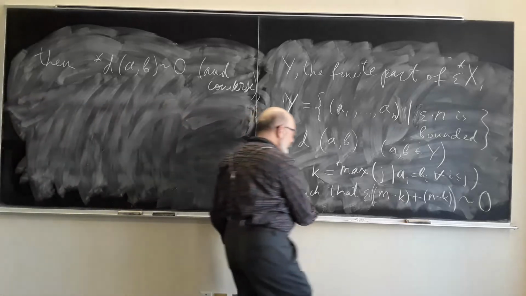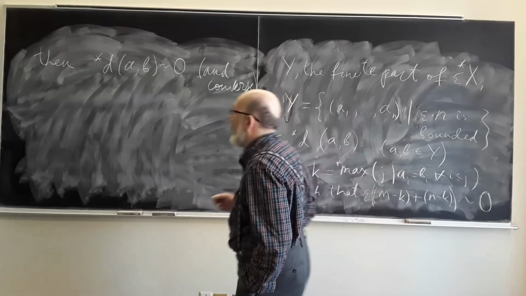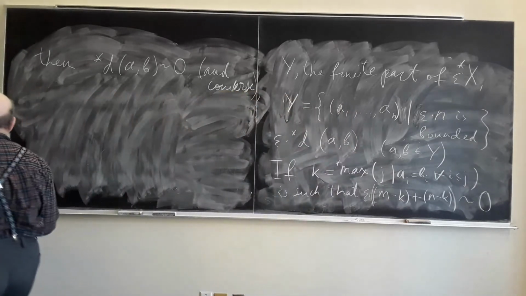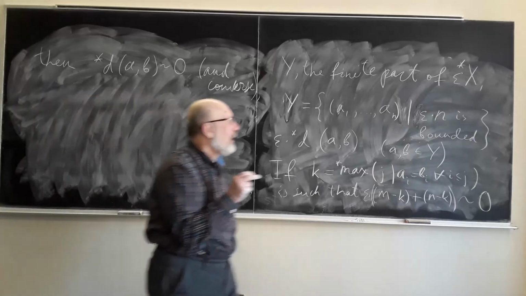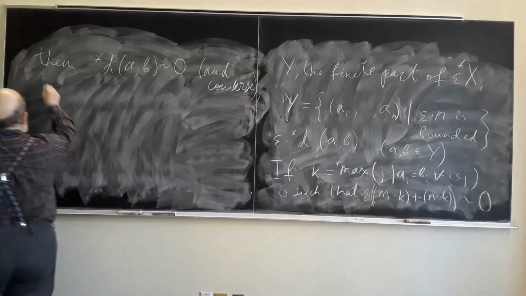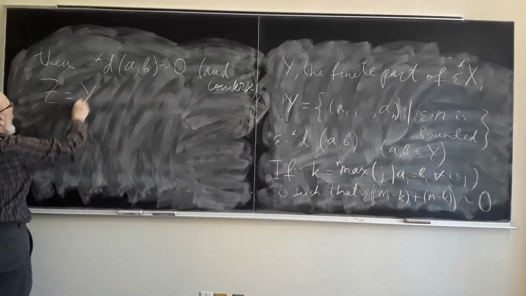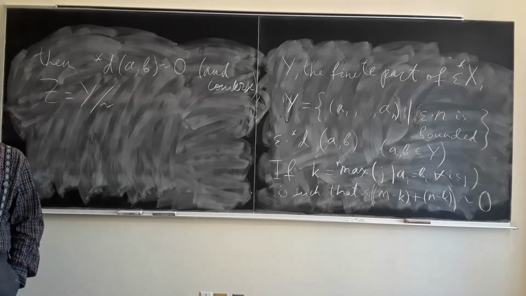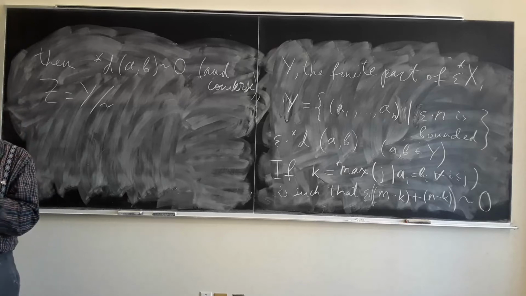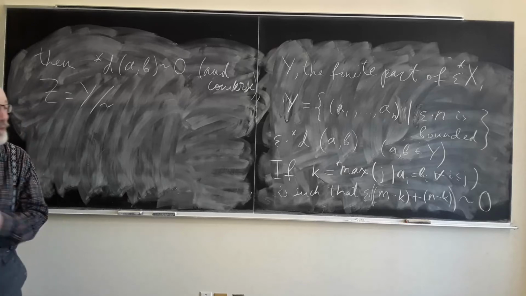And now let me define one space. So now we have to take Z equals Y factored by this identity relation of this infinitesimally close relation.